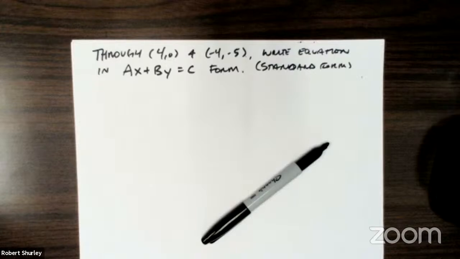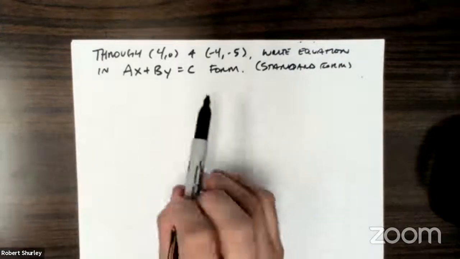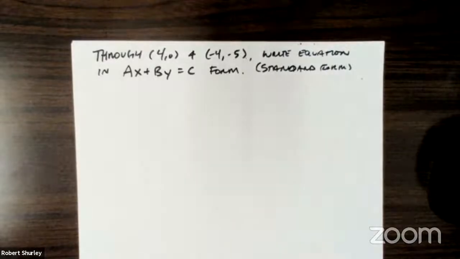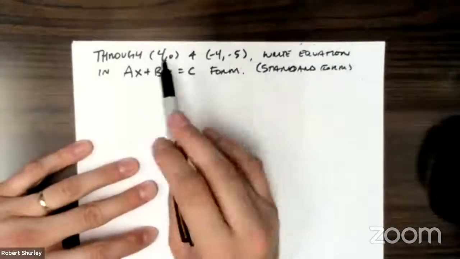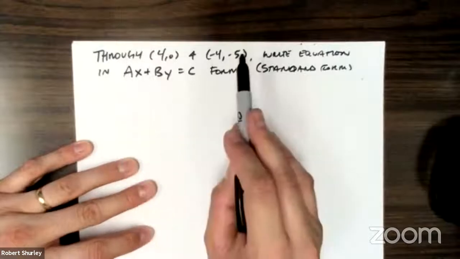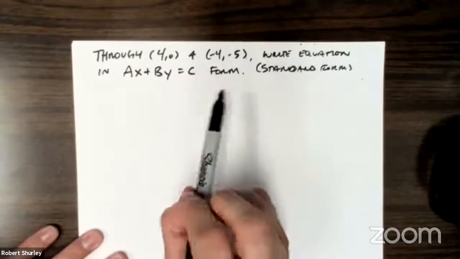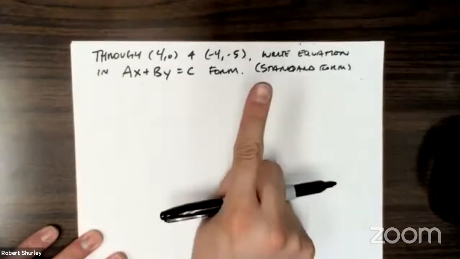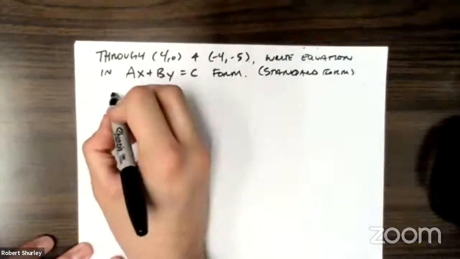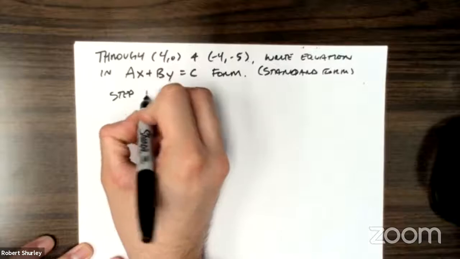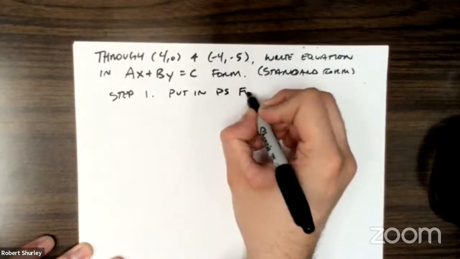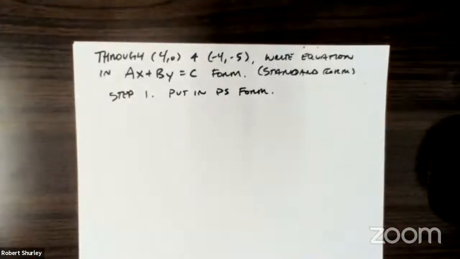Even though it's not asking us to put it in point slope form, if we're given 2 coordinates and it's asking us to put it in this form, we're going to first put it in point slope form. So step 1, put in point slope form.